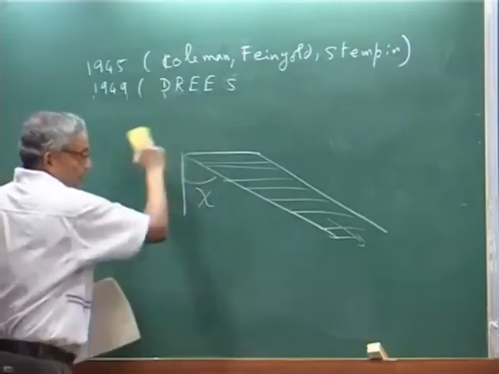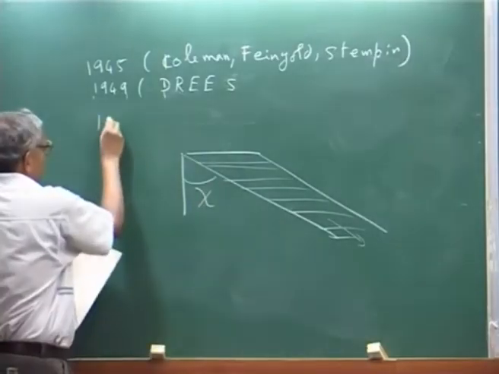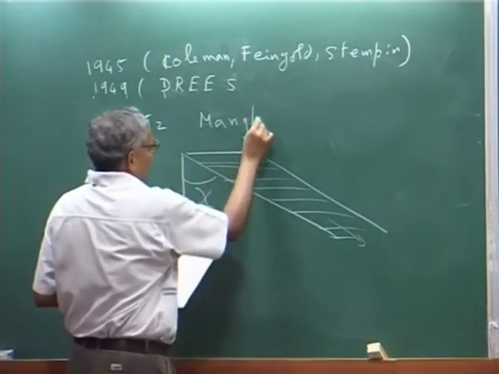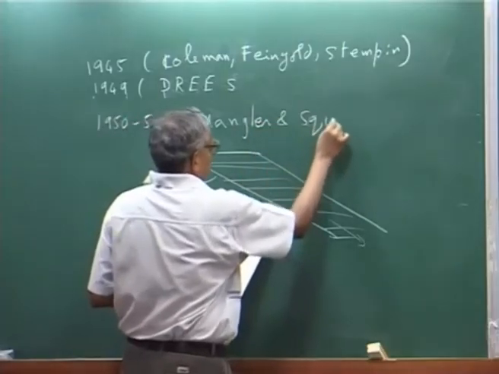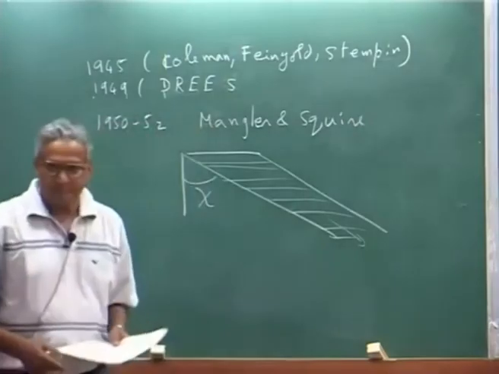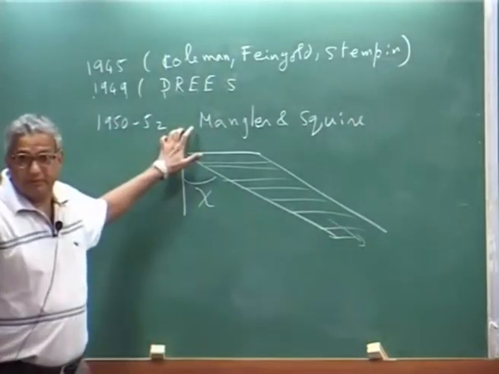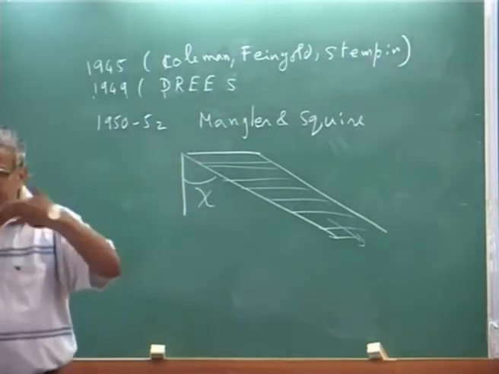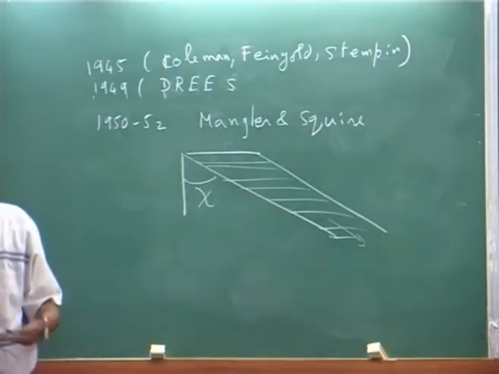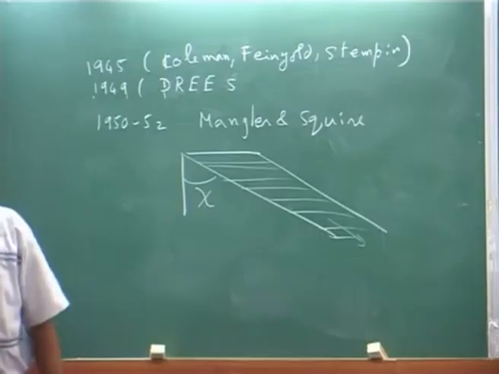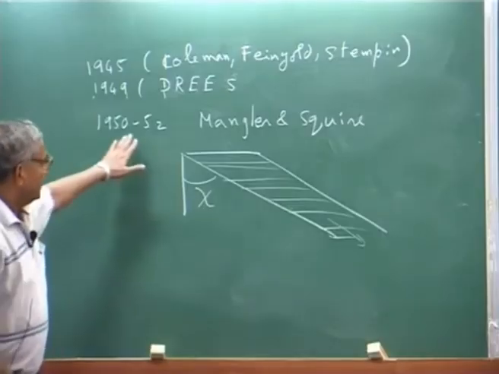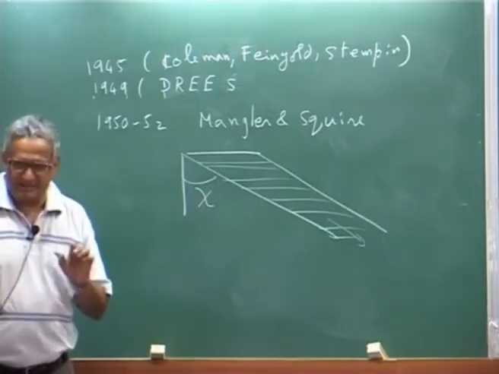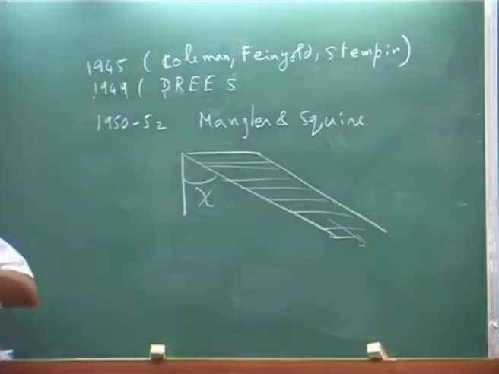But please note, all of them are actuator disc theory. 1950, 52, this is Mangler and Squire, using potential flow in a pressure field. So, this is like a disc, a potential flow assumption, and then you get the pressure difference across it, and he solved it. He got a series expression for inflow. Okay, a long series. Now, these are all till 50.